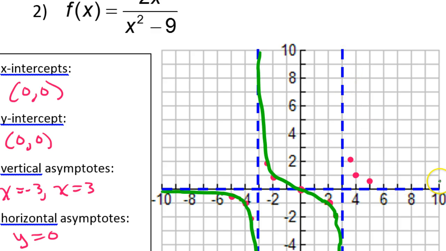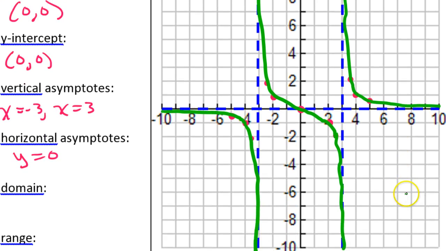And there's a branch going like this. Okay, so in the end your graph should look very much like this. Notice that you can cross over the horizontal asymptote. It is not a brick wall. The horizontal asymptote is just there to show you the end behavior.